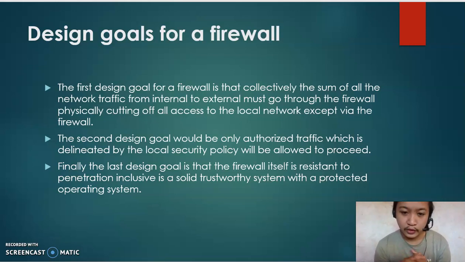If you would like to access some unprotected sites that you need some data from, the firewall prevents you from accessing that site.